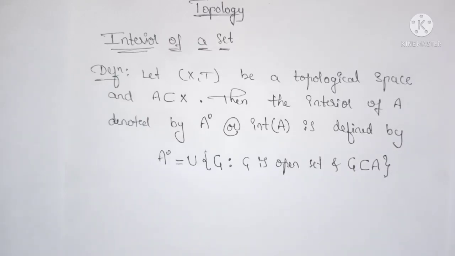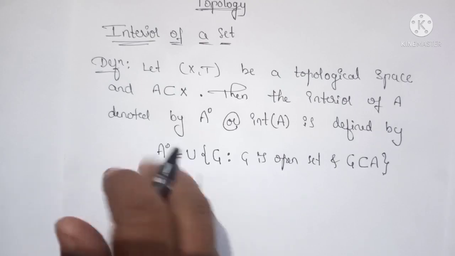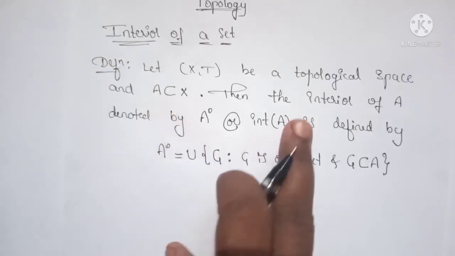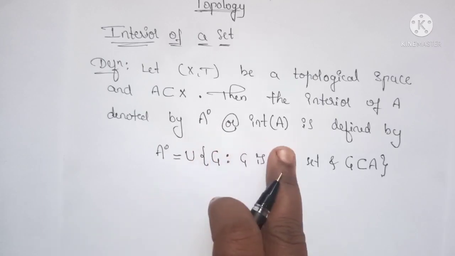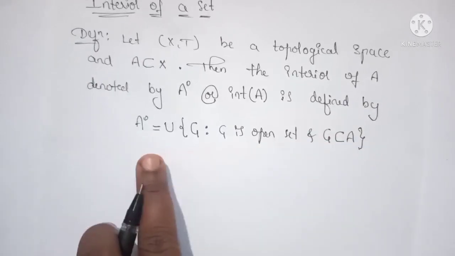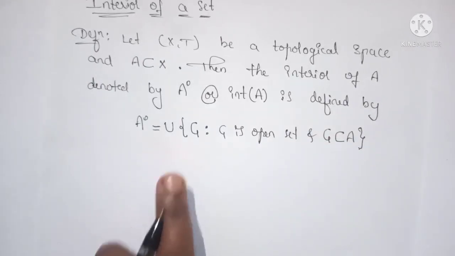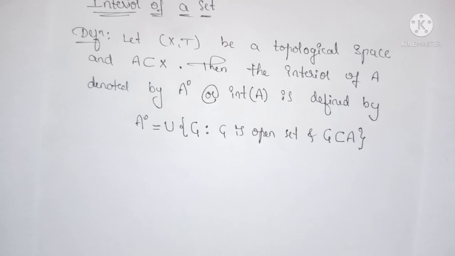Okay, so it means that A is a subset of any topological space (X, T). If A is a subset of X, then the interior of A is defined by the union of all those subsets G which are open sets.